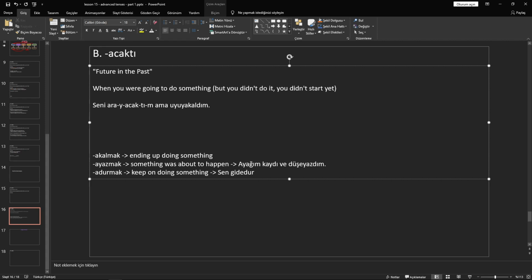Or, this one is sad kind of, but arabanın önünden geçen kedi öyle yazdı. The cat who ran in front of the car almost died.